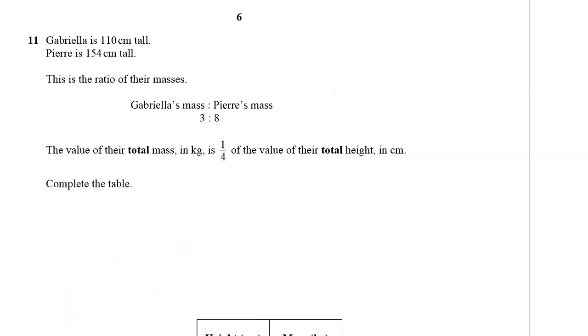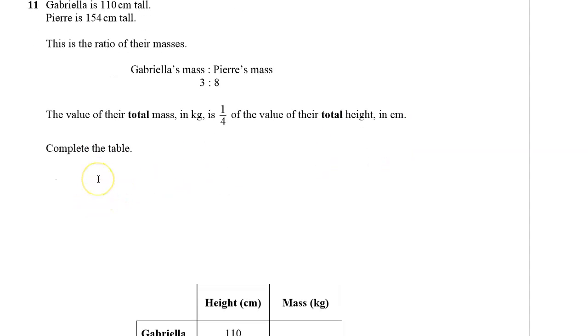Number 11. Gabriela is 110 centimeters tall. Pierre is 154 centimeters tall. This is the ratio of their masses. Gabriela's mass to Pierre's mass is 3 to 8. The value of their total mass in kilograms is a quarter of the value of their total height in centimeters. Complete the table.